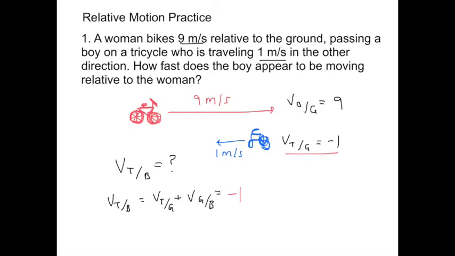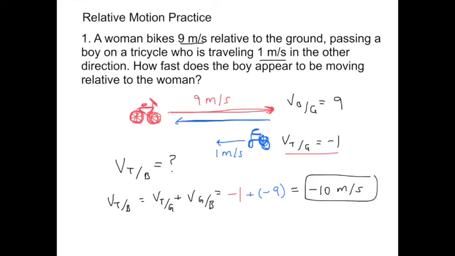Now we need the velocity of the ground relative to the bike. If the bike is moving in this direction at 9 meters per second, the ground will seem to be moving the other direction, negative 9. So we'll call this negative 9 meters per second. Negative 1 minus negative 9 is the final answer of negative 10 meters per second. That's how fast the tricycle appears to be moving relative to the woman on the bike.